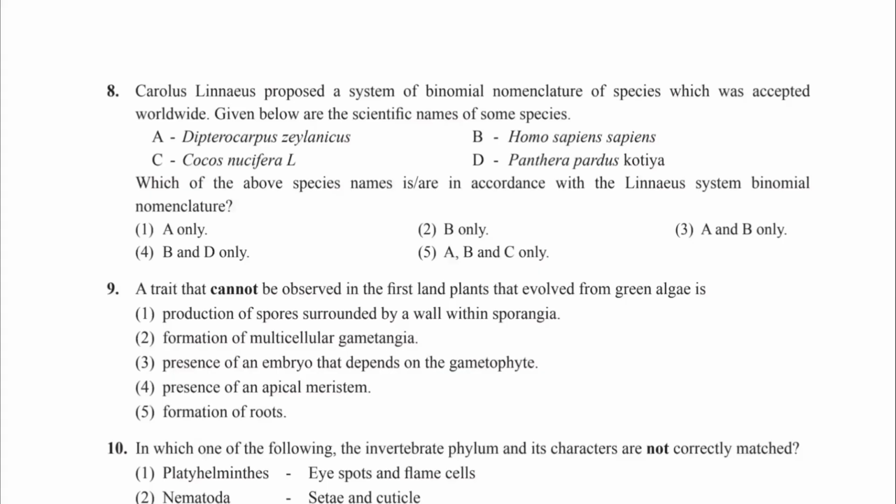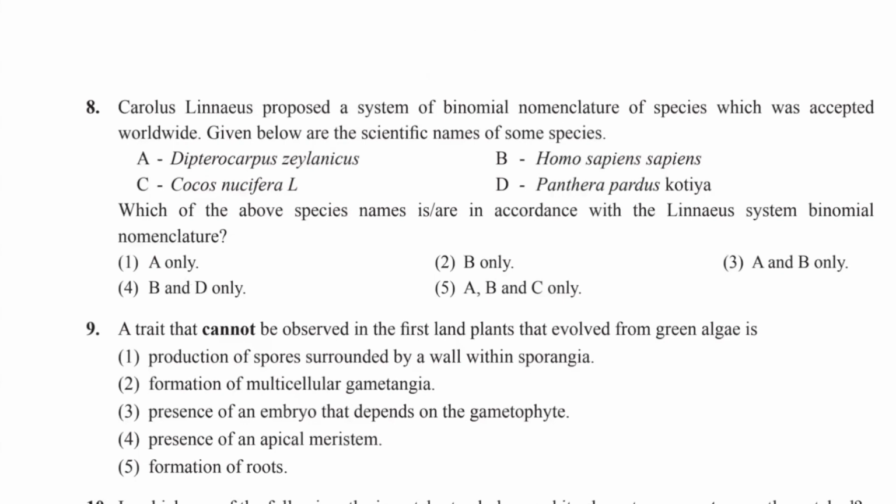Question number 8. Carolus Linnaeus proposed the system of binomial nomenclature of species which was accepted worldwide. Given below are the scientific names of some species. Right? If we revise that history of classification, Aristotle was the first to classify organisms scientifically. He classified organisms as plants and animals, right? Then animals were further classified.